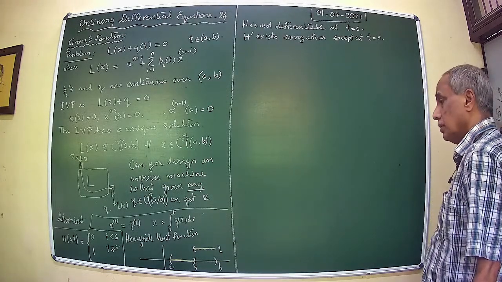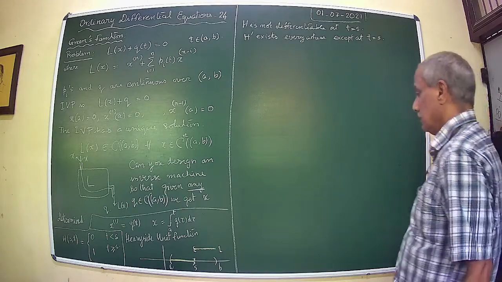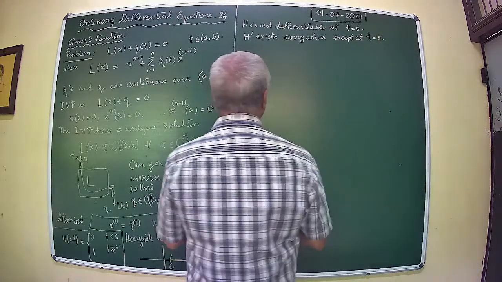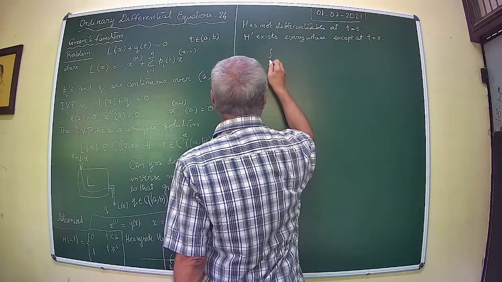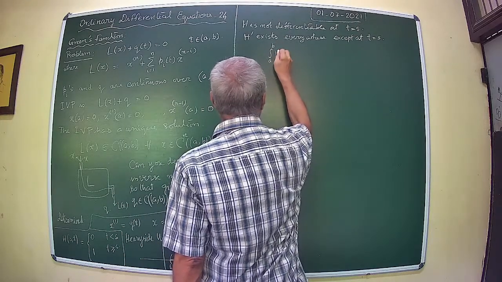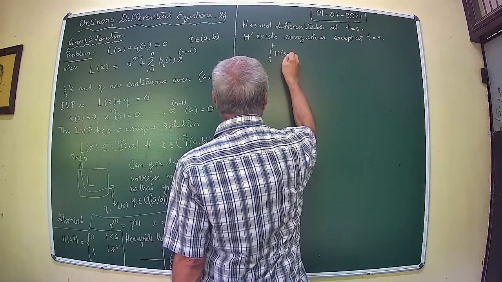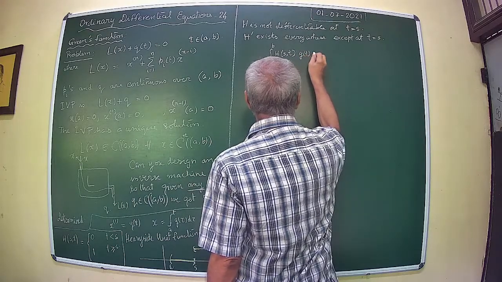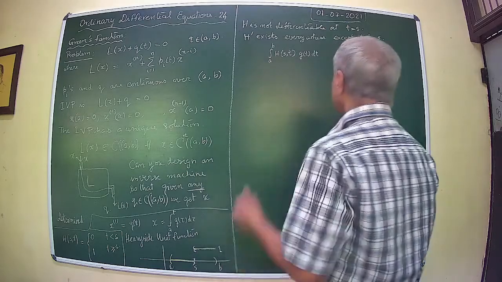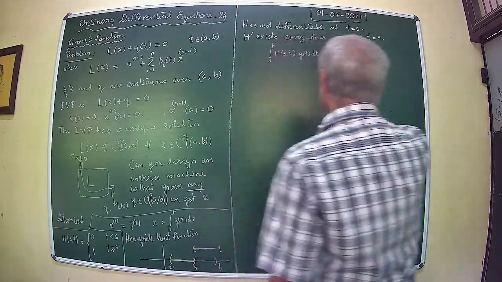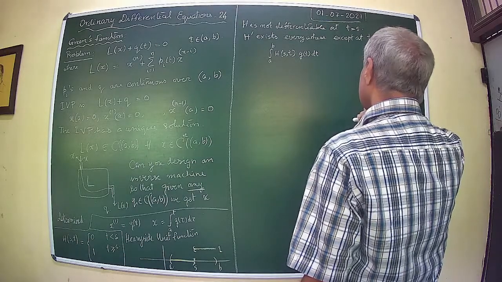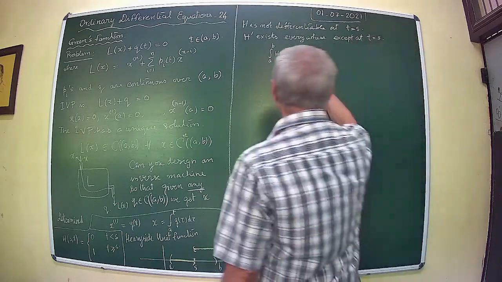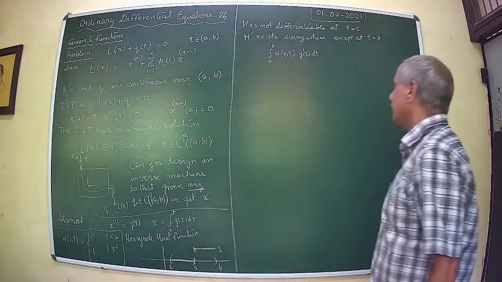Now what do we have? We take this integral from a to b of g derivative t.